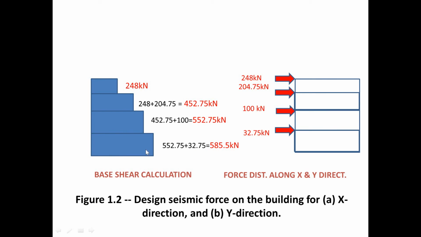By calculating the base shear, we can conclude that at the bottom you will get the maximum base shear, irrespective of the type of dimension, irrespective of the location of the building, irrespective of the various seismic factors we have considered in our numerical.